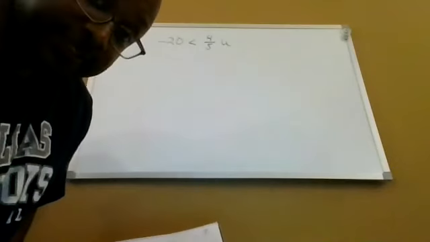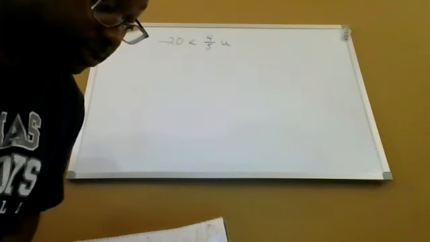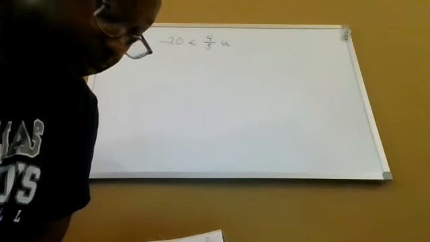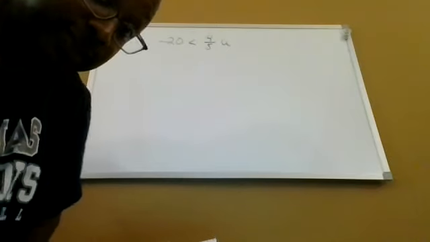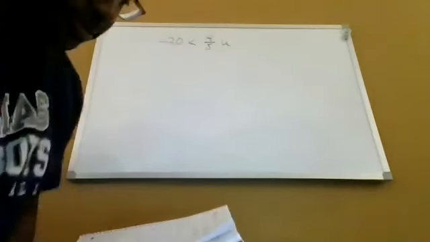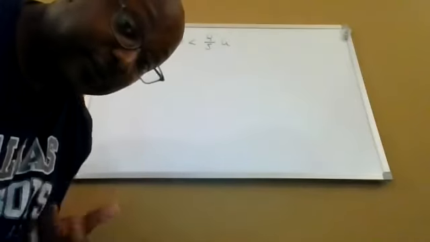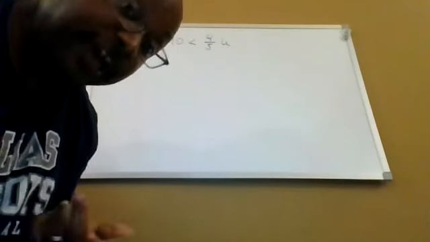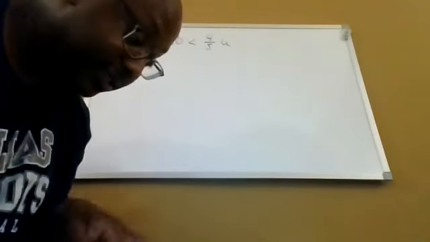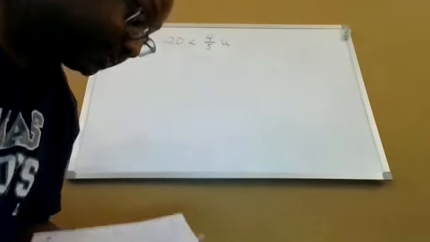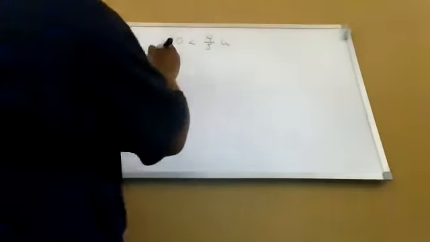To get u by itself, we want to multiply both sides of that inequality by the reciprocal of 4/5, which is 5/4.